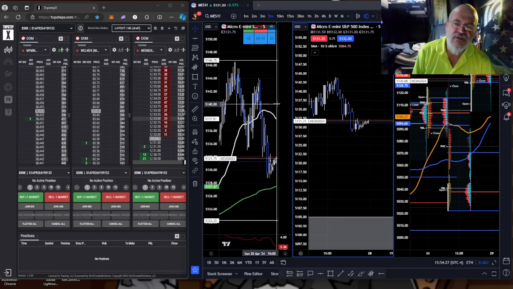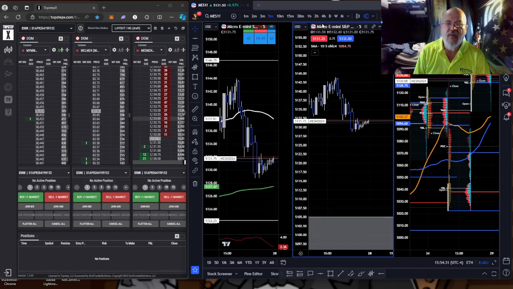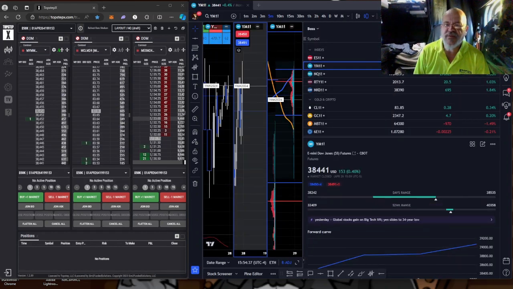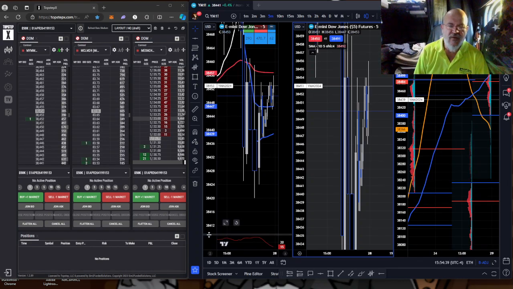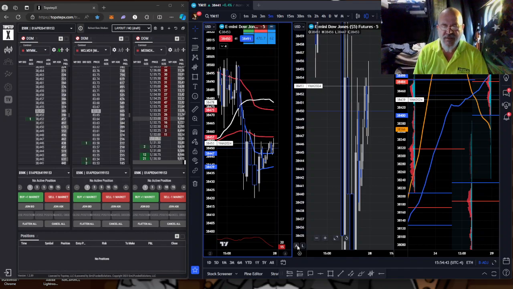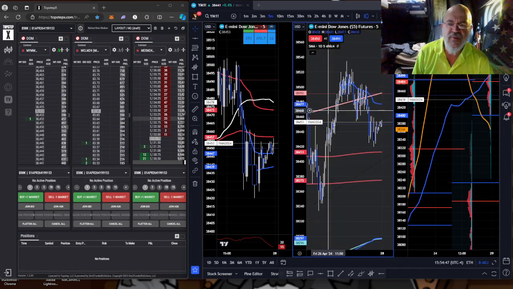If you use this system or are following me trading it, you saw how to set up your VWAPs for the day, your longer term VWAPs on each chart. So go ahead and set those up.